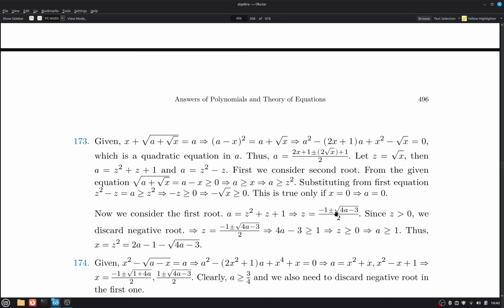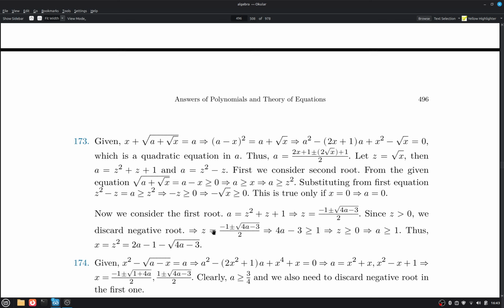What that means is 4a minus 3 cannot be negative. So we take only the positive root. There should not be plus minus, there should be just plus. So z is equal to minus 1 plus square root of 4a minus 3, by 2.